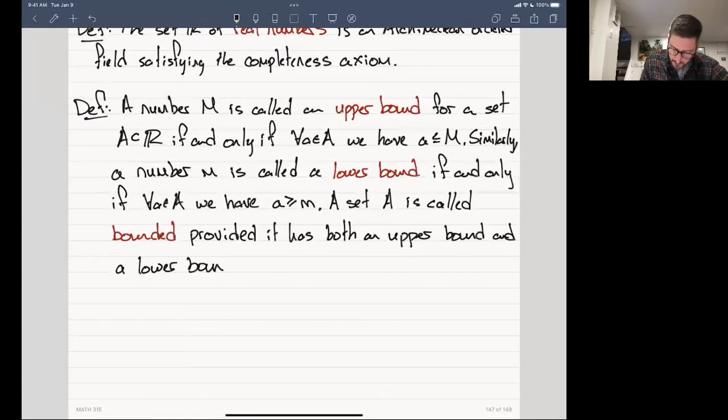So if you can find an upper and lower bound on that set, then you have a bounded set. Now let's push this even further, right?